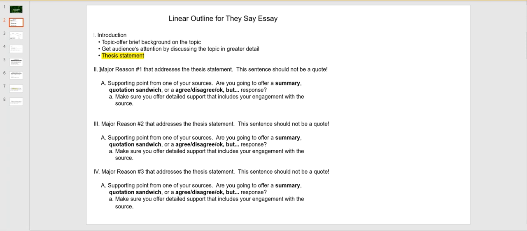So when you start thinking about what major reasons you're going to discuss in your essay, all those major reasons should somehow connect back to your thesis statement.